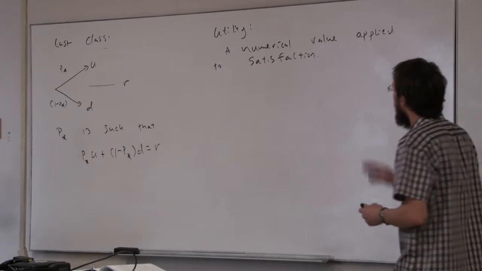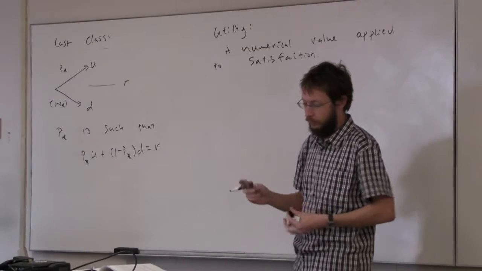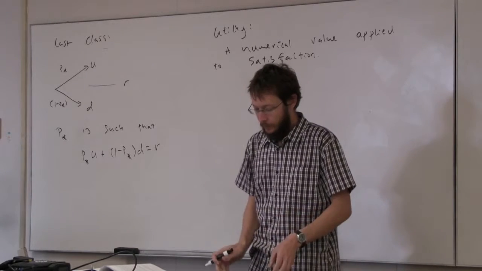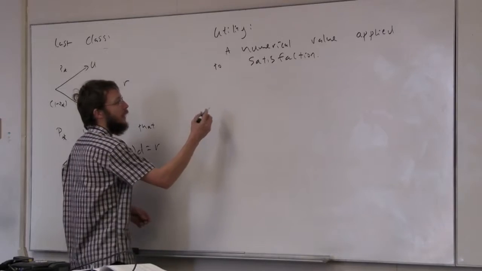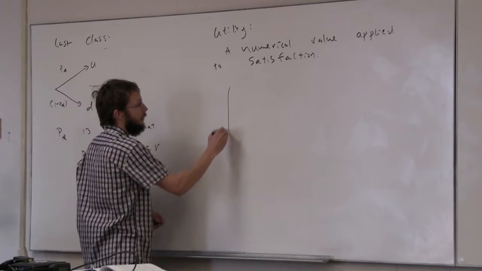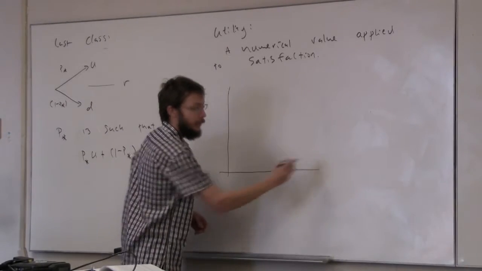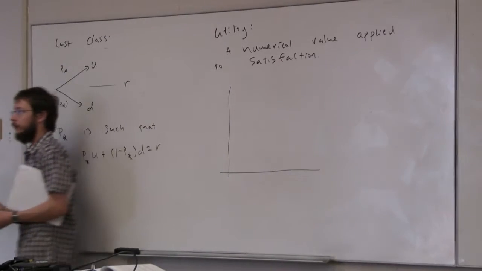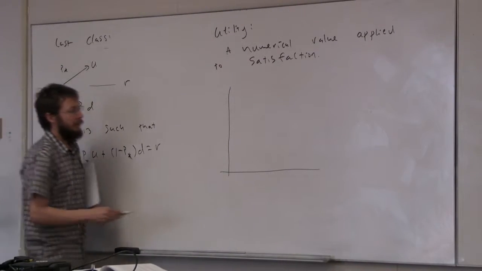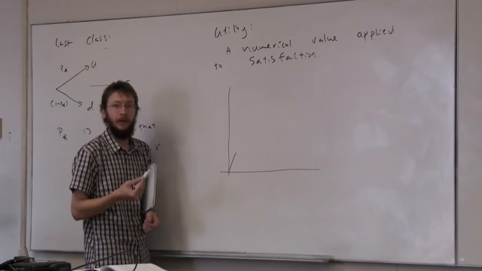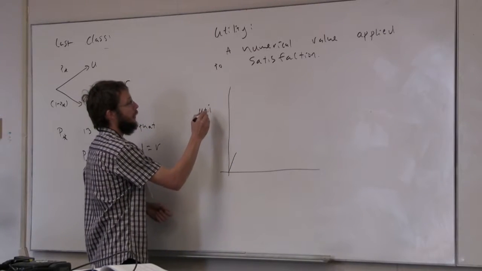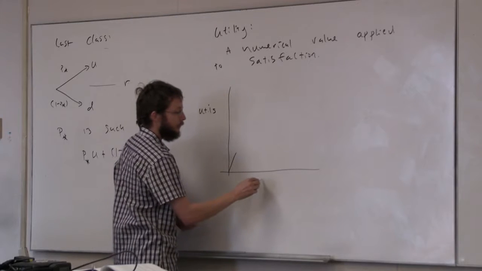So, some way to quantify the amount of satisfaction that we're getting out of a given good or service. And every individual theoretically has some utility curve for every product, right? So if you're consuming 0 of them, we'll assume you're getting 0 utils out of the good or service.